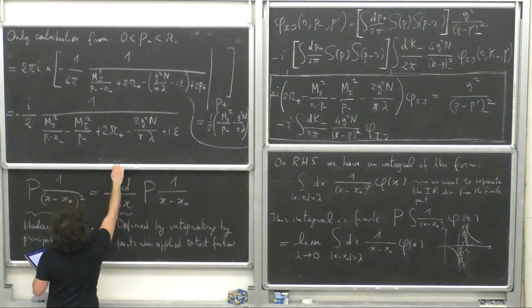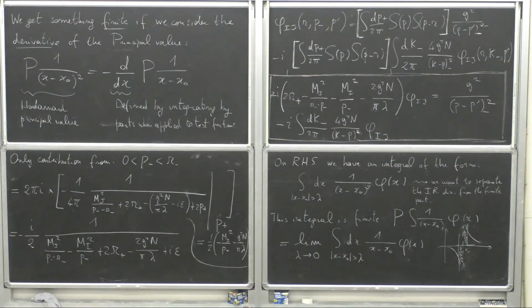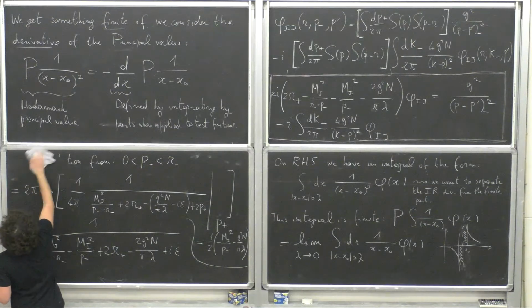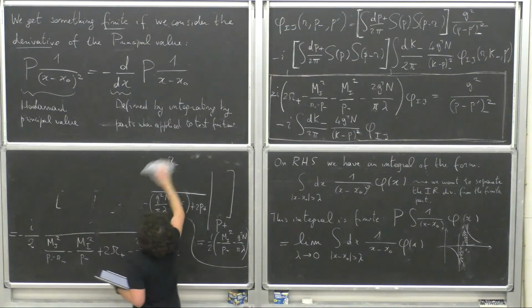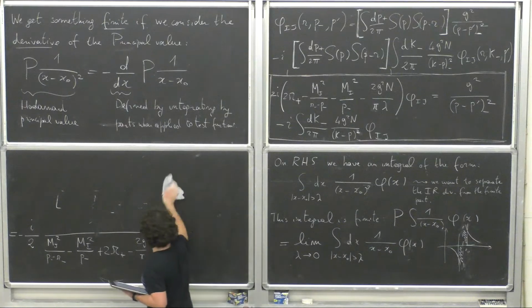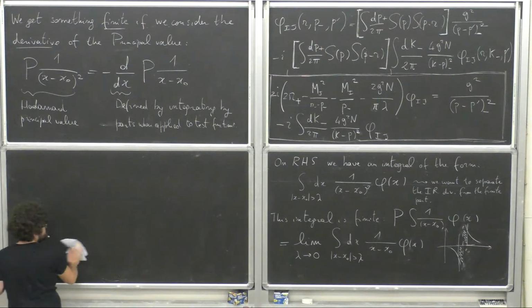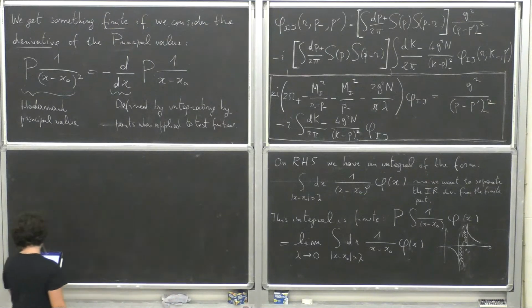Okay. So let's see what we get if we use this definition. We want to use this because we know that this gives a finite contribution. And now we want to rewrite our IR cutoff integral as a finite contribution plus a divergence.